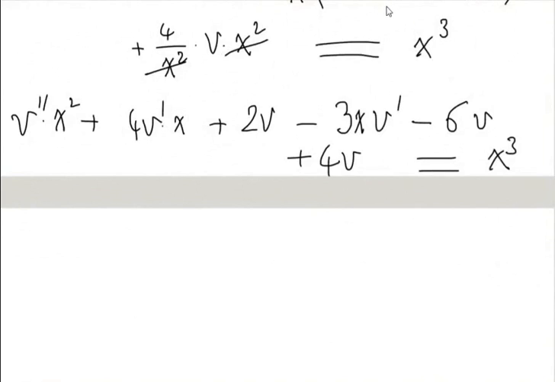Now we will collect like terms. Like terms here are in the derivatives of v. So the second derivative of v will be one term, and the first derivative of v should be collected together. And then lastly, we have terms with v.